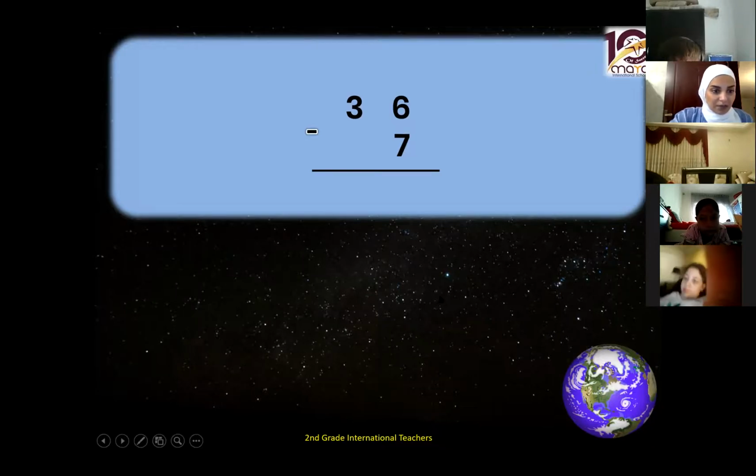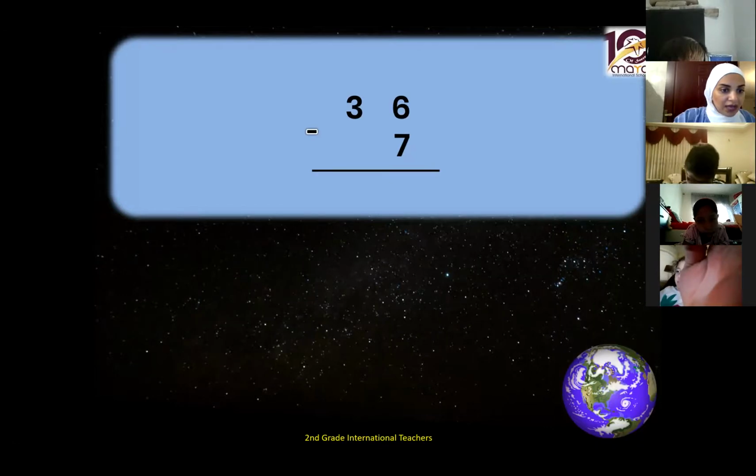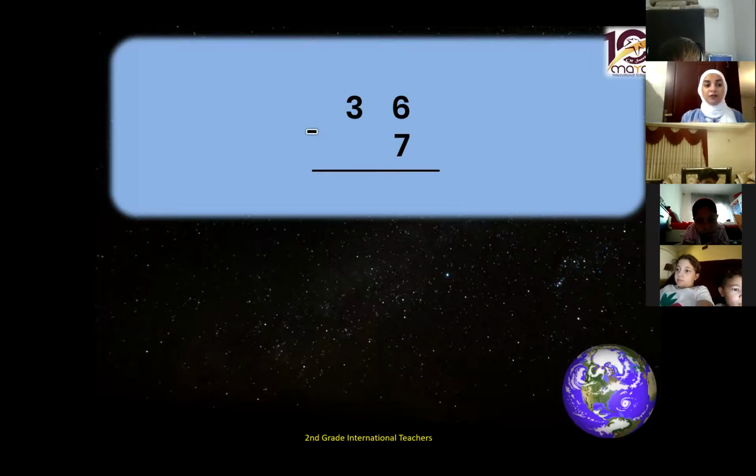Look at me. The first thing we do, Maryam, is we look at the top to check if it's bigger. If it's more on the floor, we don't take the number on the floor and put it up. No, we change the number at the top. We don't change the numbers at the bottom. Never do this, okay? We have 6. We need to make it bigger. It needs to become 16.